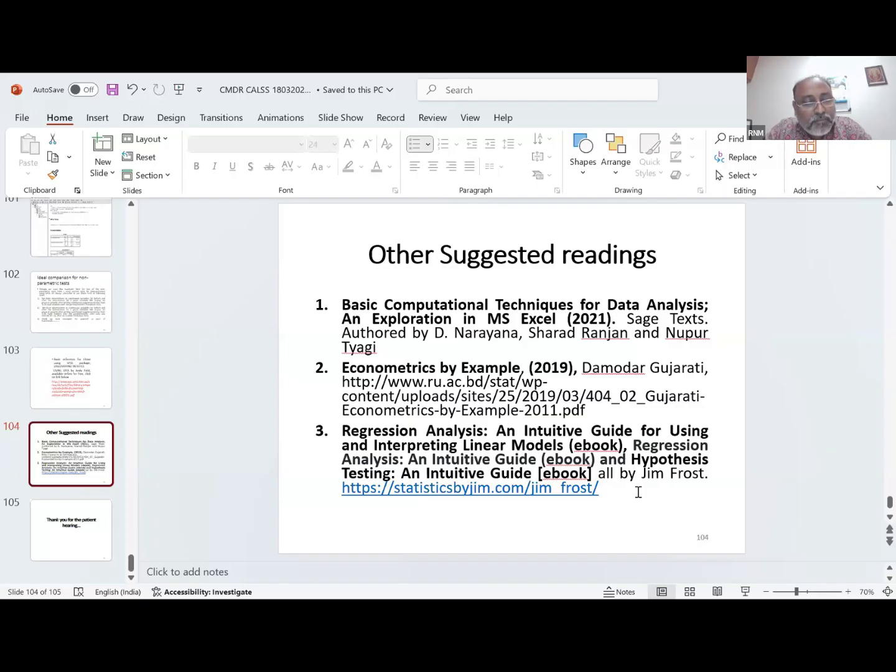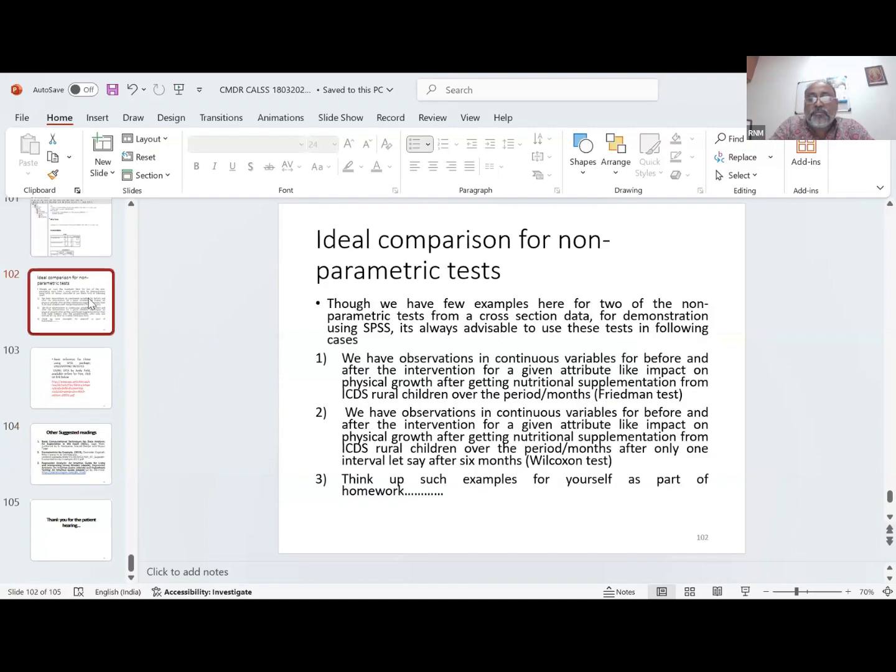If you read my slides from 19th onwards, I have written clearly where to use each one. I told you, see the 100th slide, sentence one and two.